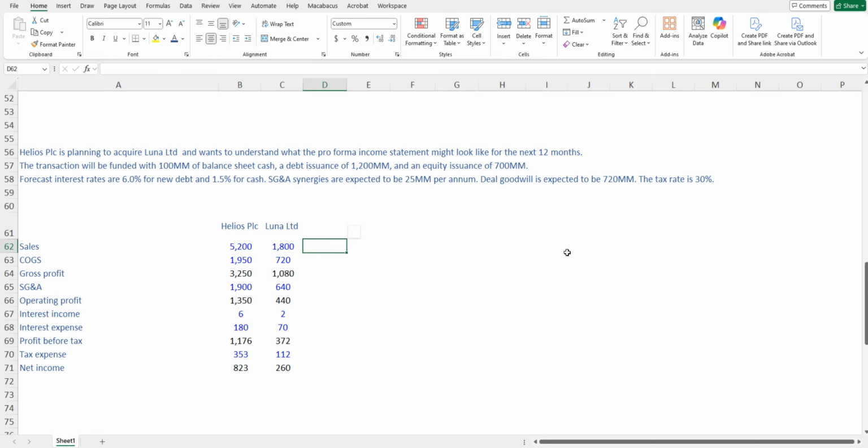Another thing is the debt issuance. They issue 1,200 million of debt, and we know that will increase their interest expense from the new debt. So we will see a situation where interest income is lower and interest expense is higher.